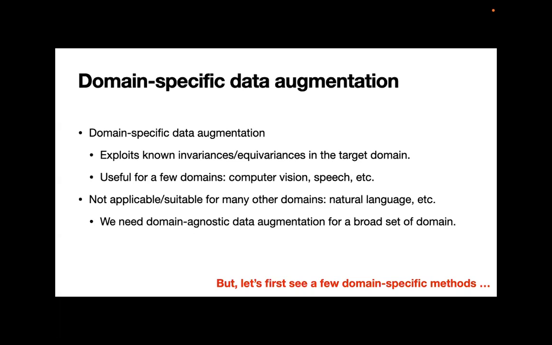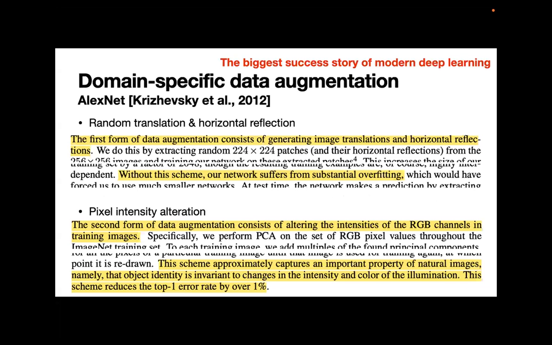Unfortunately, this domain-specific data augmentation is not really applicable nor suitable for many other domains. Natural language is one of them. Of course, I'm into biological languages as well, so biological sequences can be another example. In that case, what we need is a domain-agnostic data augmentation in order to work with a much broader set of domains. But before that, let's take a look at a few domain-specific methods.